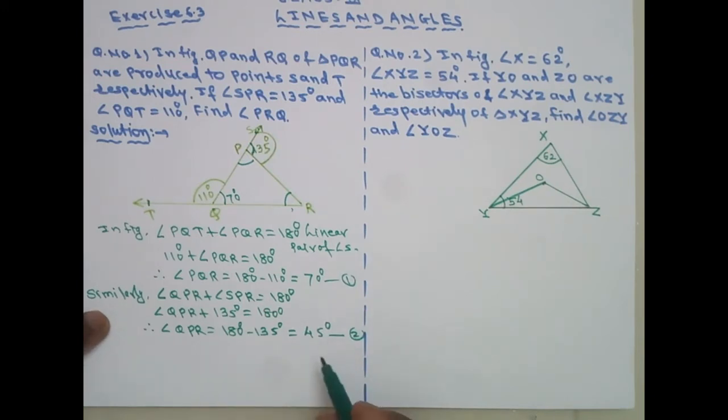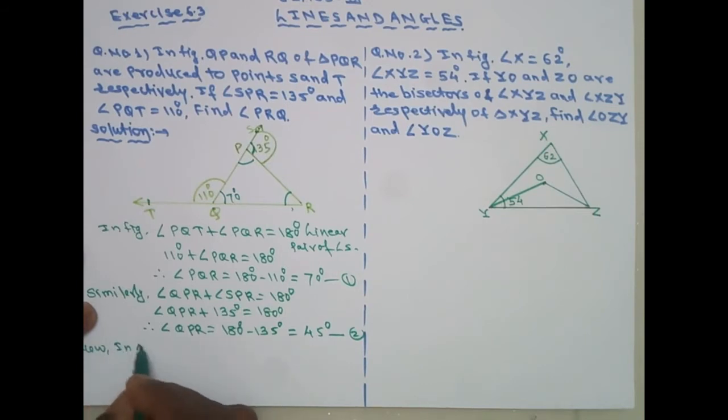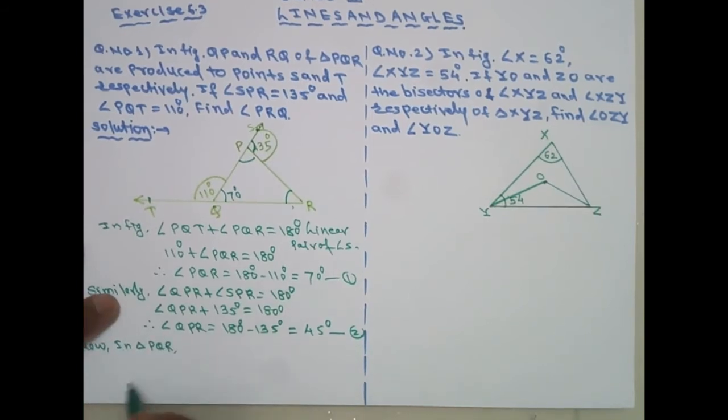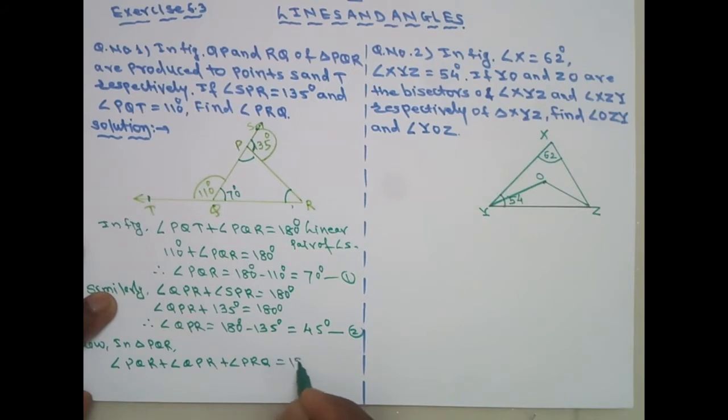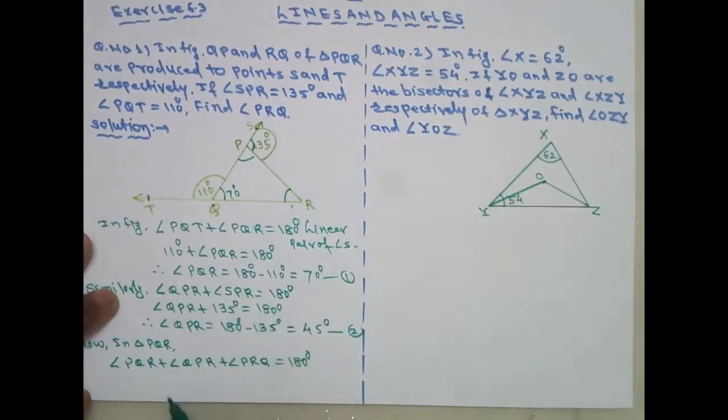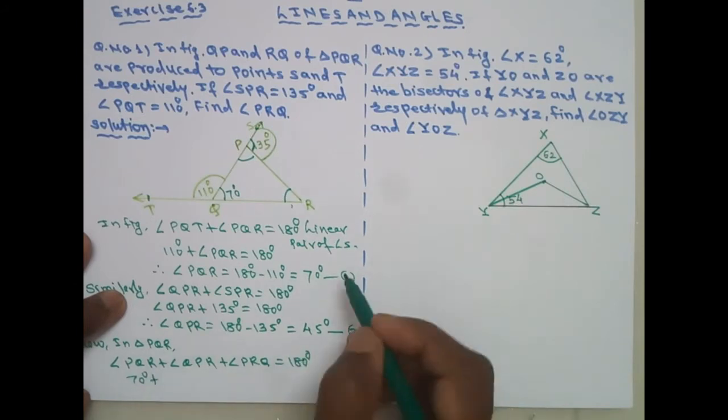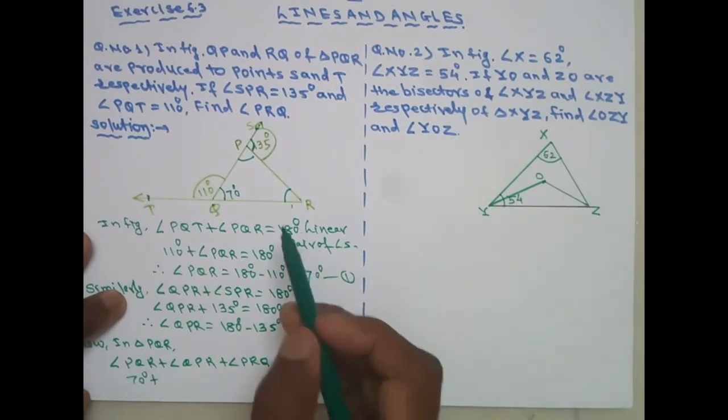Now, using angle sum property. Now, in triangle PQR, angle PQR plus angle QPR plus angle PRQ, that is equals to 180 degree. Now, PQR, what is PQR? That is 70 degree, which is given. Now, just we have found out here 70. QPR, what is QPR?